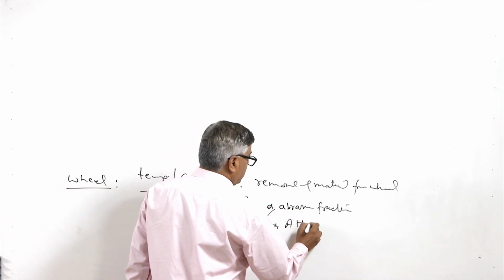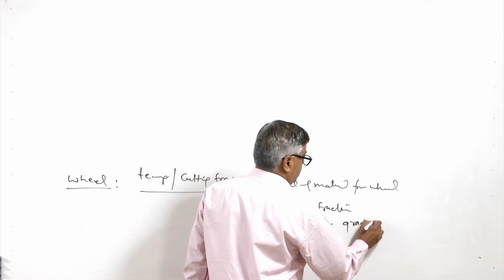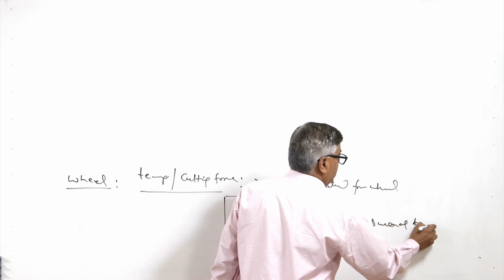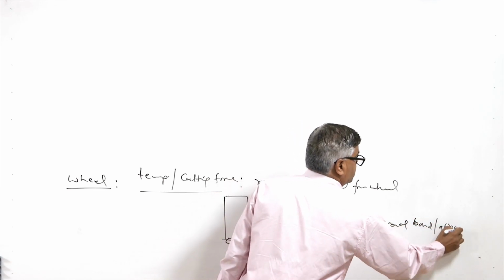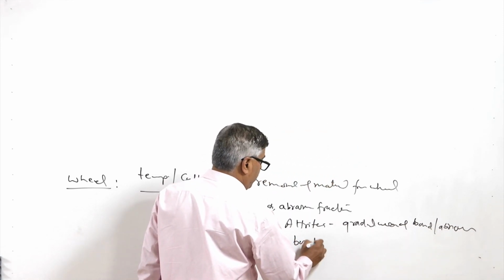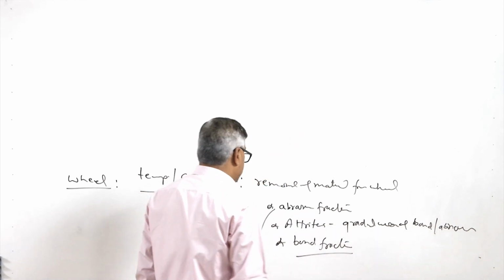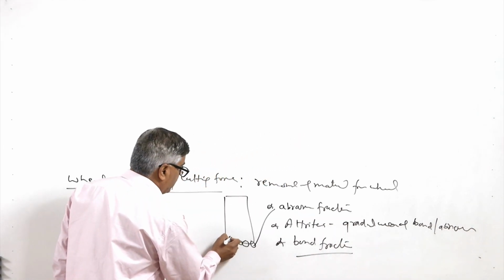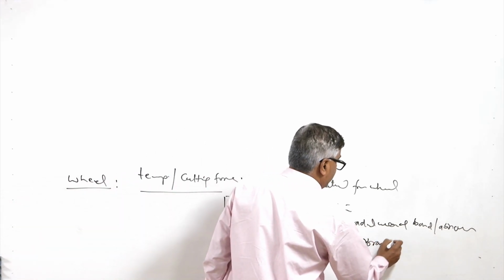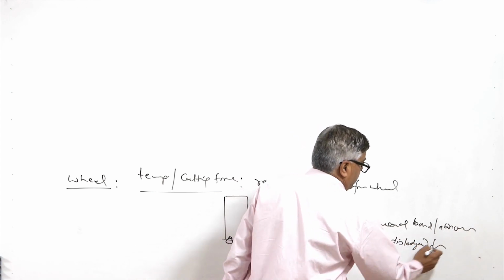Attrition is another, where the gradual wear of the bond as well as abrasives takes place. And the third one is the bond fracture, where, when the bond gets fractured, the abrasives are dislodged from the wheel.